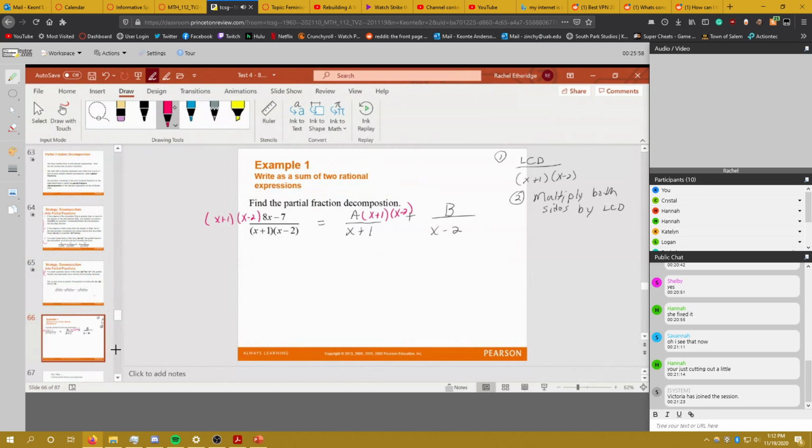Basically I'm multiplying both sides, and I'm multiplying every term. So I'm just going to go ahead and write this twice over here. I'm multiplying all the terms, both sides of the equation, by the least common denominator. Now I'm going to simplify.